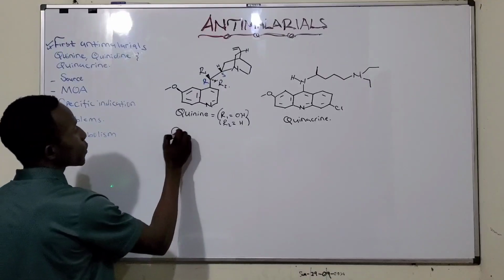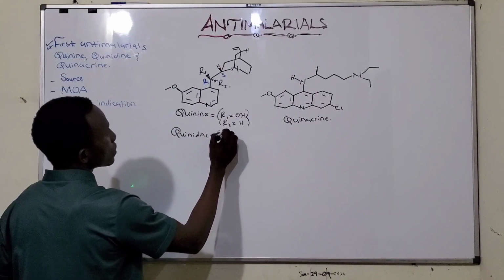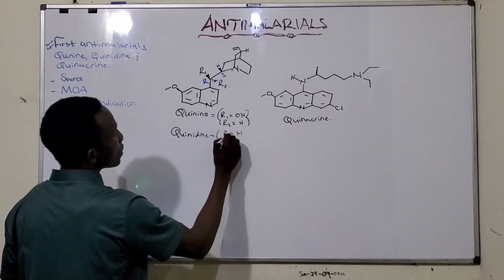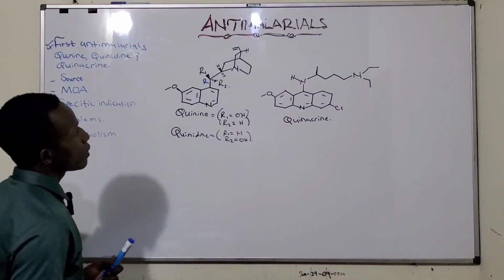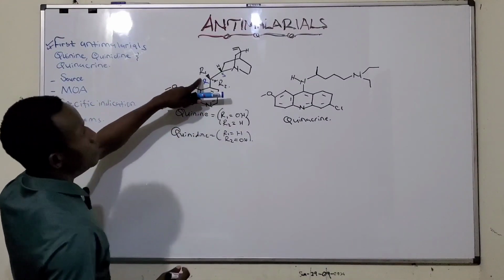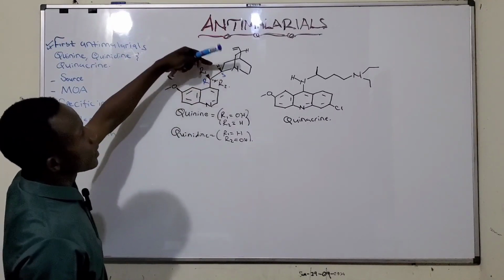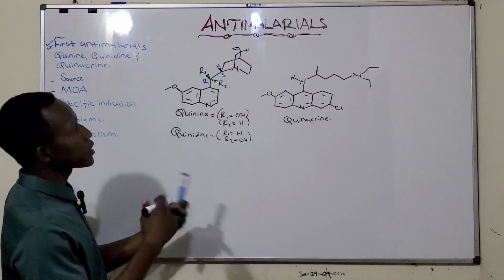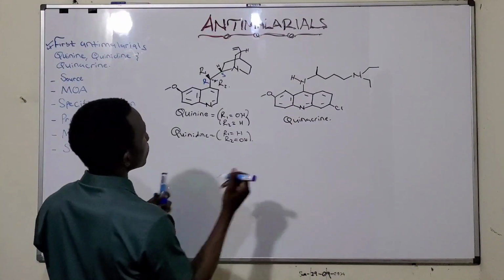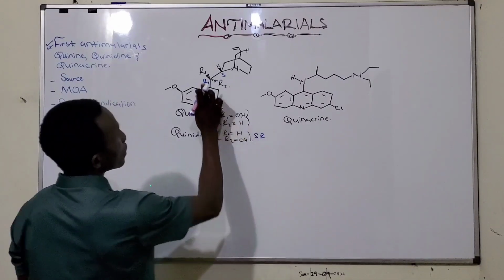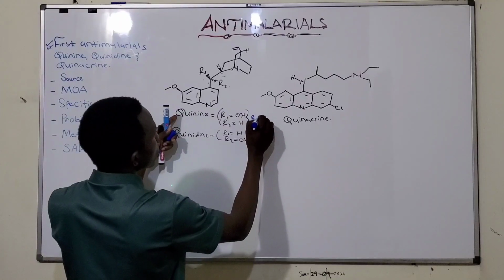Then for quinidine, it's the opposite. R1 is hydrogen, then R2 is the OH group. Then here they will have hydrogen, but one is at the alpha position, the other at the beta position. So for quinidine it will be SR, here S, here R. But for quinine it is RS.